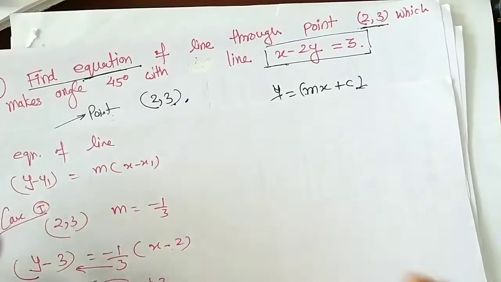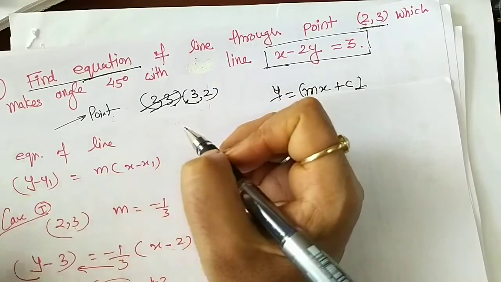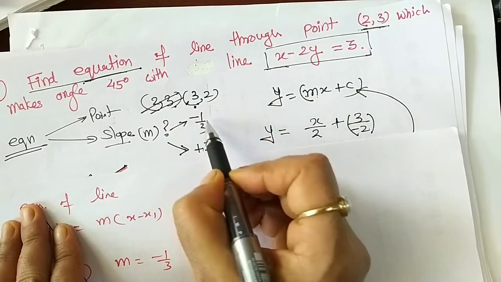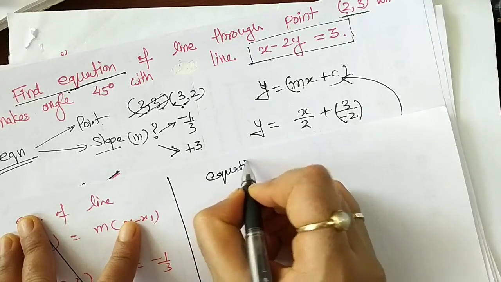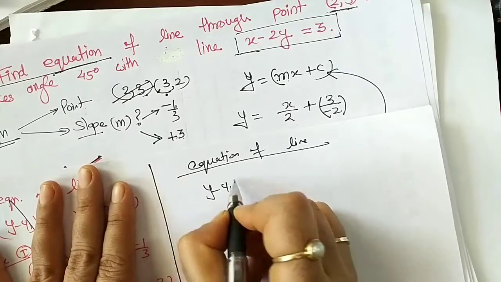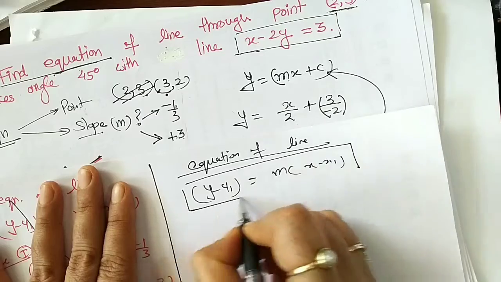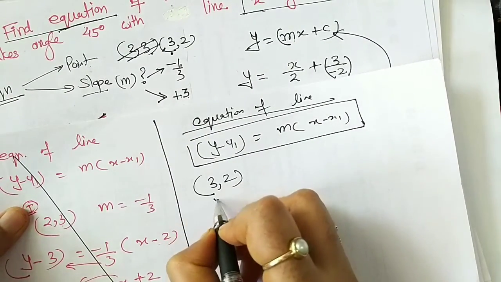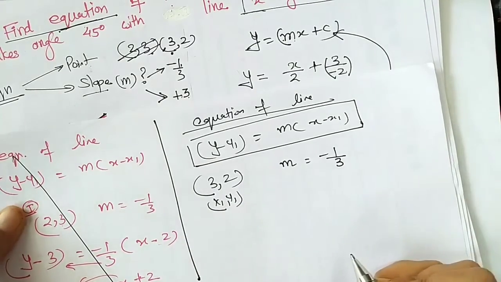I'm sorry, guys. The point given was this. So we have a given point and slope. So the equation of the line is given by y minus y1 equals m into x minus x1, correct? And the point that I am looking for is 3 comma 2, my x1 y1 point, and my slope is minus 1 by 3.